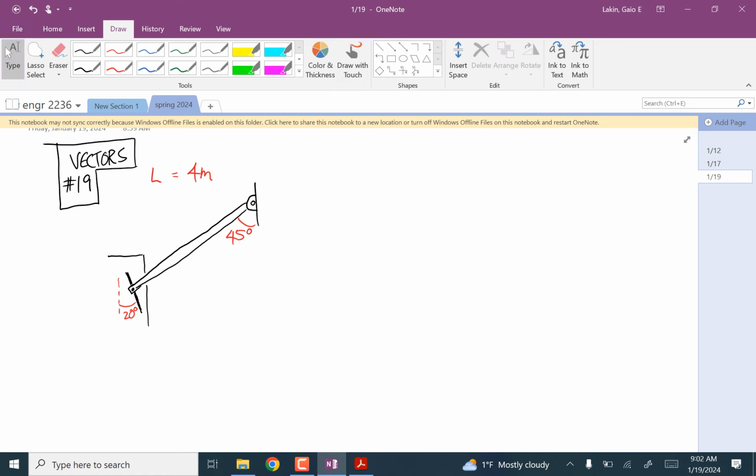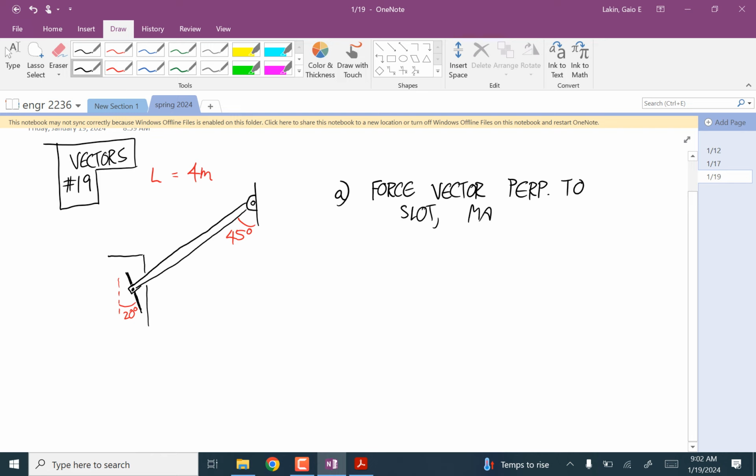Okay, so how are we going to come up with, so for A, and then for B, we just want a vector that goes, I think, from the wall pin to the slot pin.